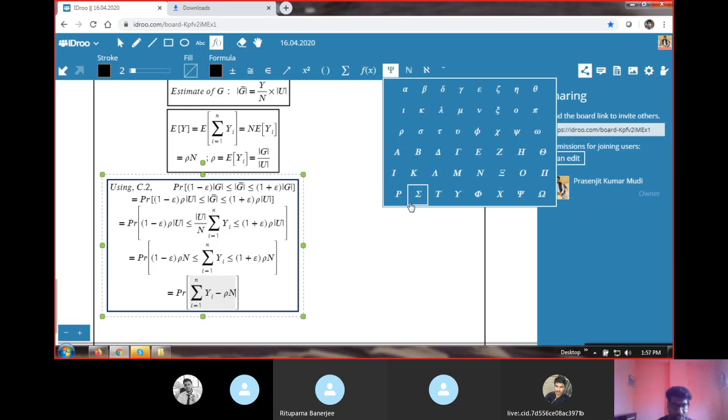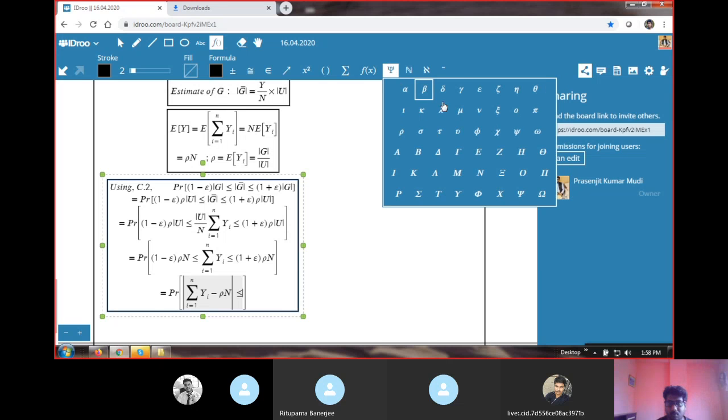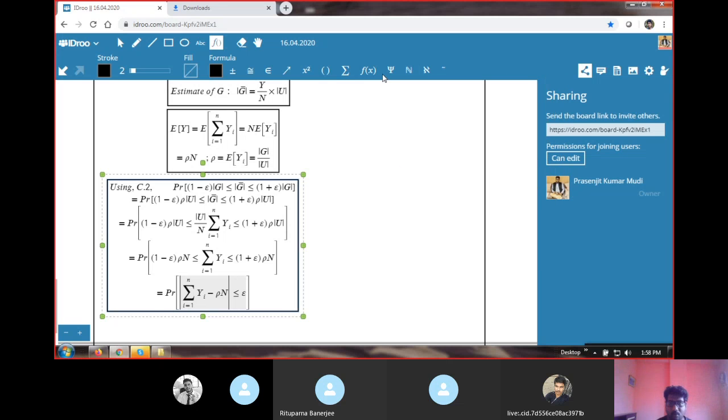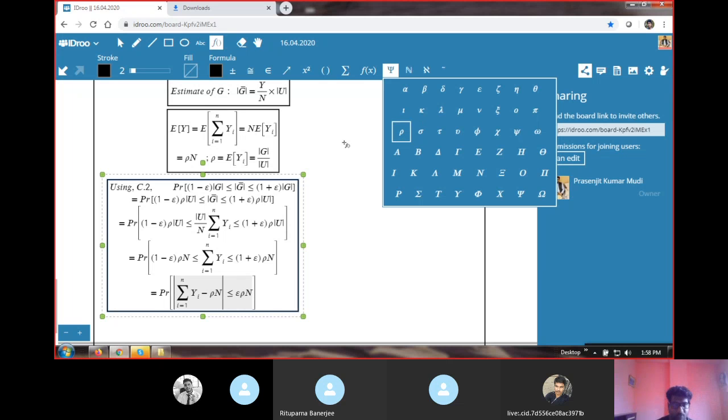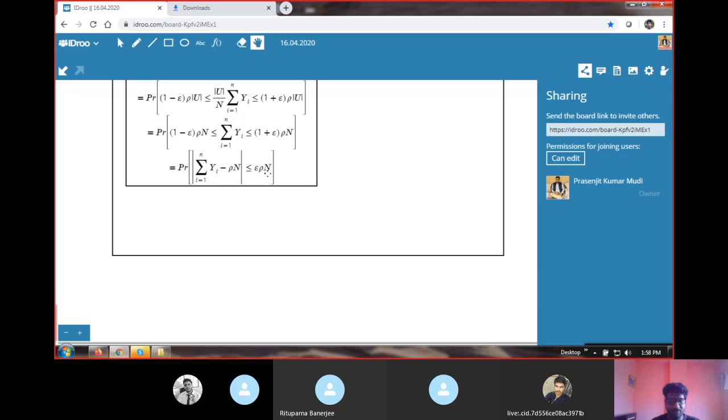almost done. Mod of this is less than or equal to epsilon rho n. A very good form of the formula we are getting, okay, it's a handy form of the expression.